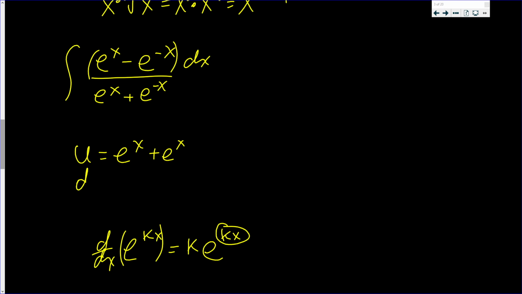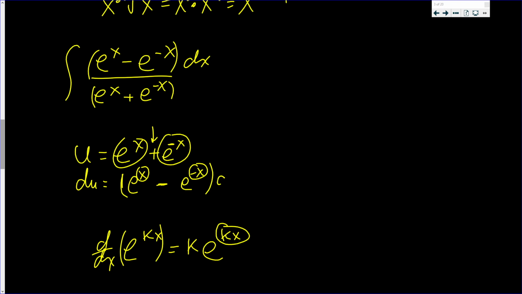Okay, so then du, well, the derivative of e to a power is e to the power times the derivative of the power, which is 1. You don't have to write the 1. And I'm letting u equal e to the x plus e to the negative x, the denominator. Plus the derivative of that: the derivative of e to any power is e to that power times the derivative of the power, which is negative 1. That's what made the addition sign negative.